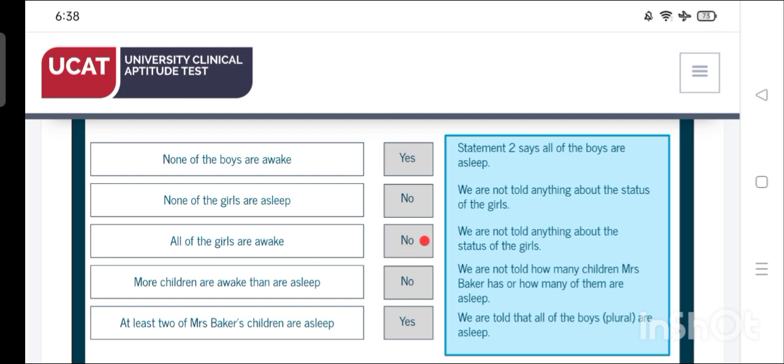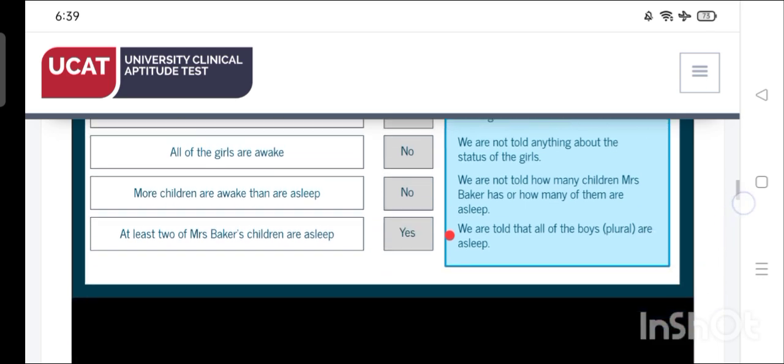It's a no. We are not told how many children Mrs. Baker has or how many of them are asleep. So it's a no. We are told that all of the boys are asleep, so it's a yes.